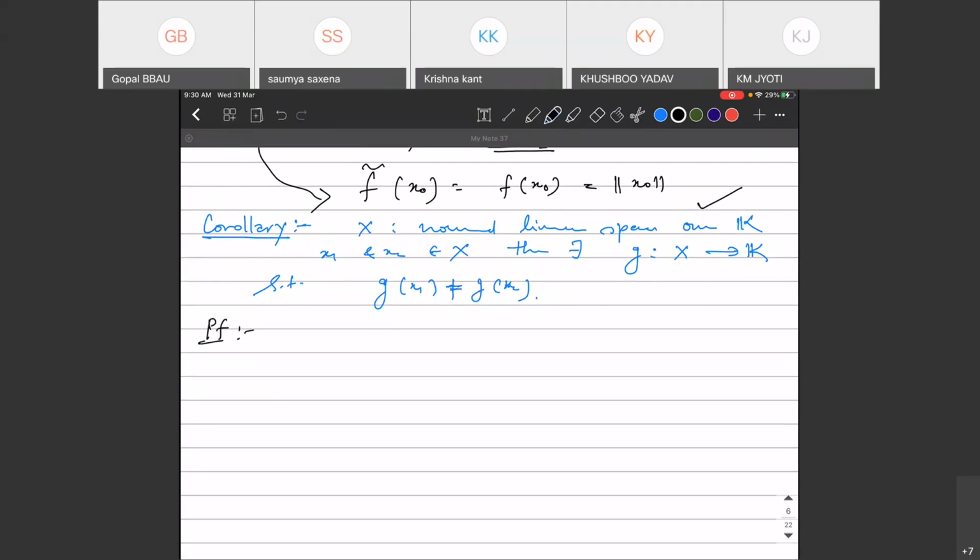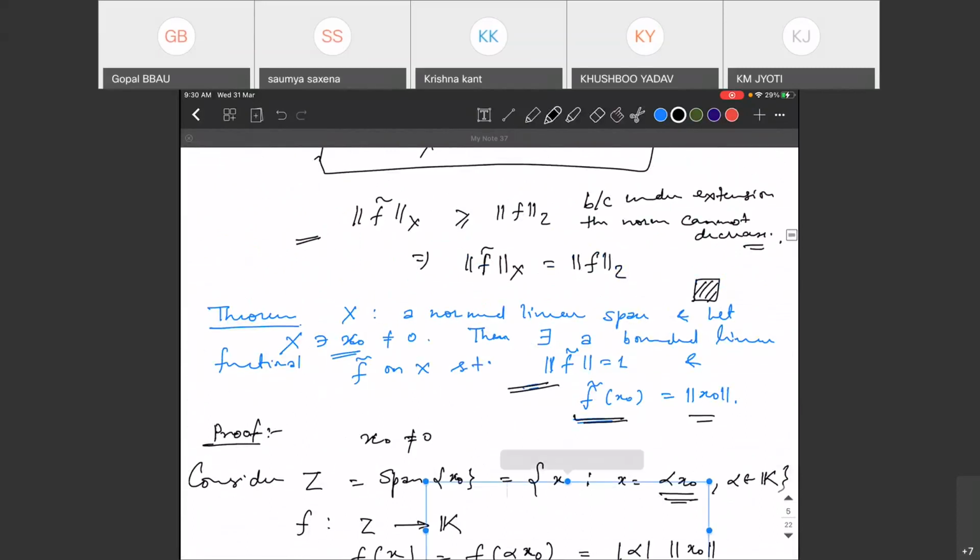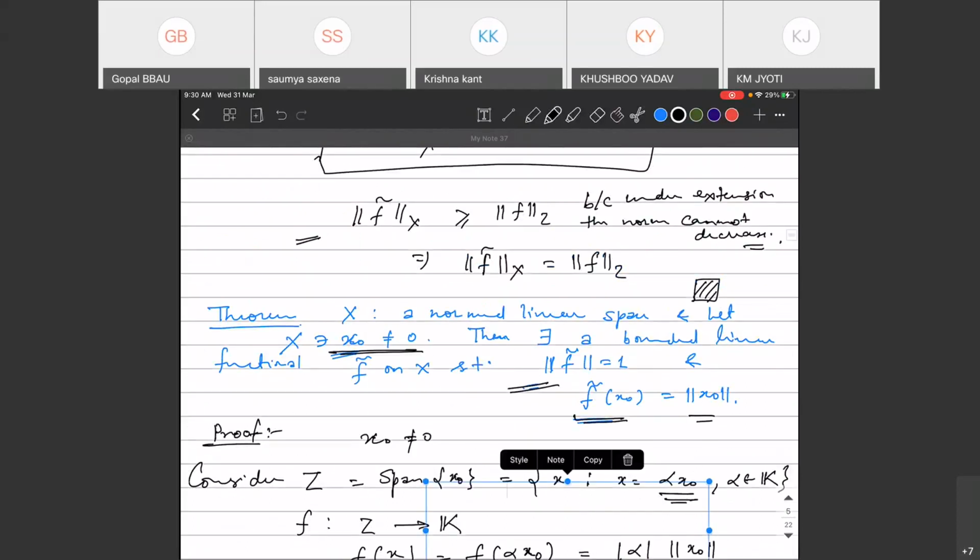So observe that x1 not equal to x2 implies x1 minus x2 is non-zero. Correct? From the above theorem, it says there exists a bounded linear functional with these properties.